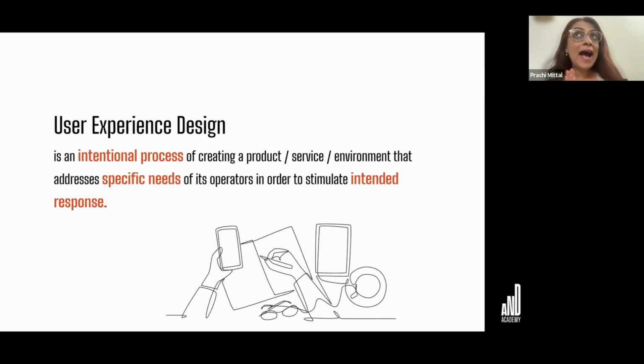So if I have a television that can be operated both by remote and on the television itself, I don't want people to approach the television, but to operate it from the remote when they just want to increase the volume or change the channel. That's my intended response.